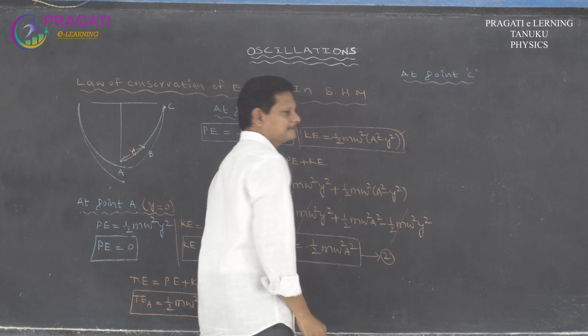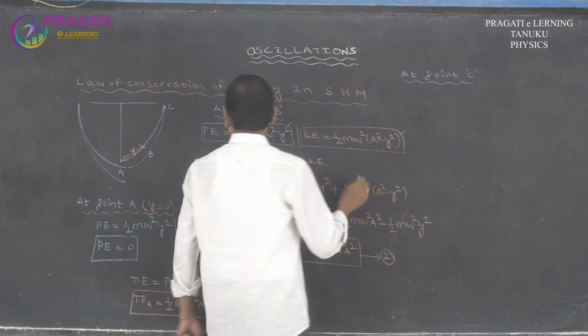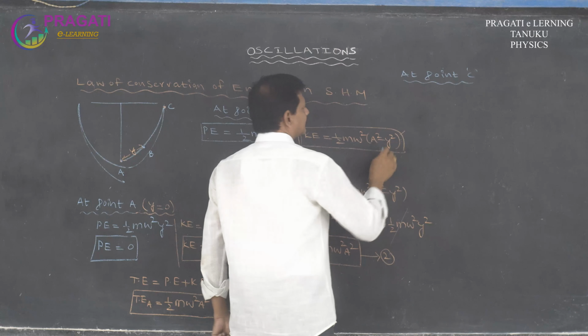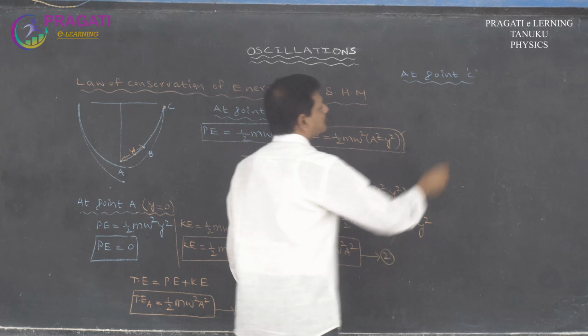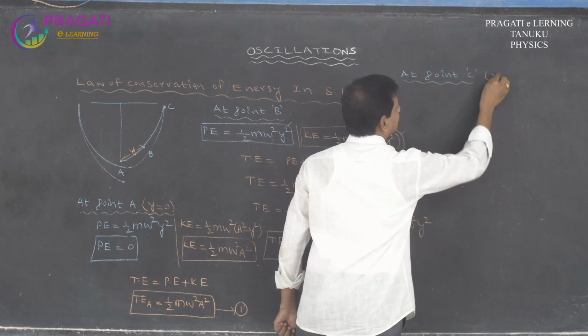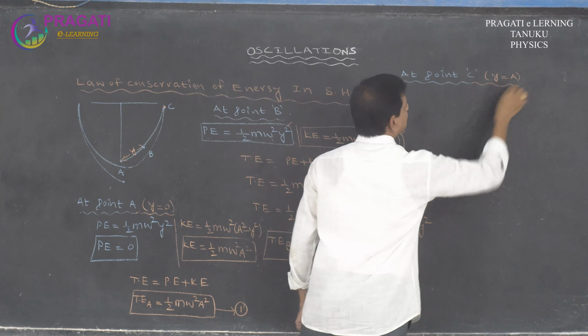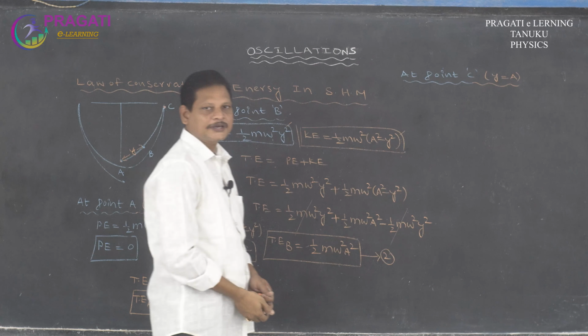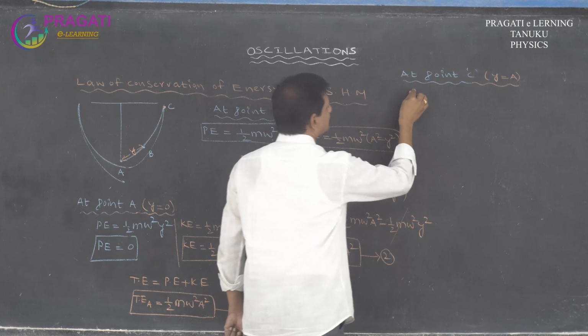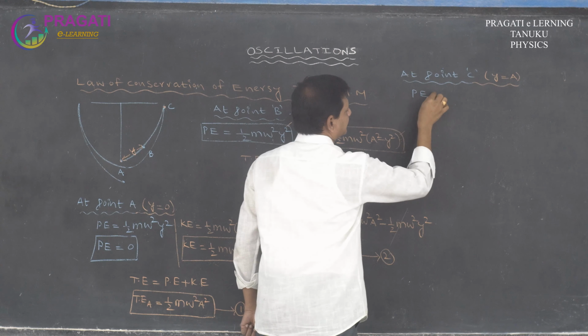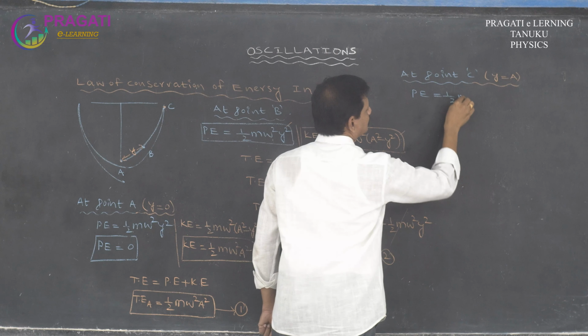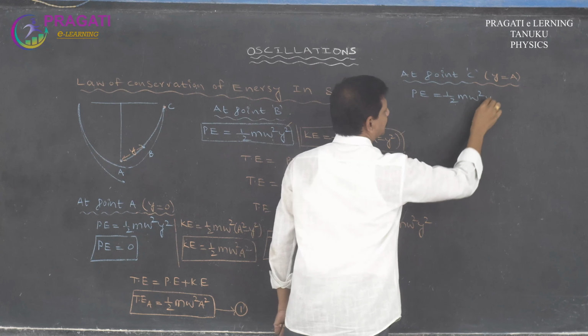At point C, that is at extreme position, displacement y is equal to A. Okay. So potential energy PE is equal to half m omega square y square.